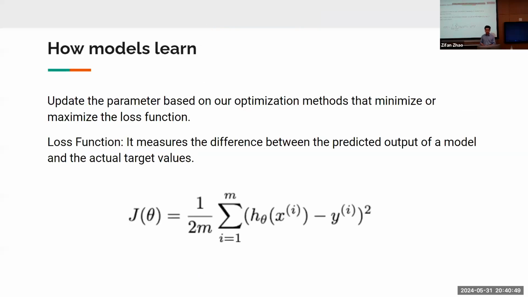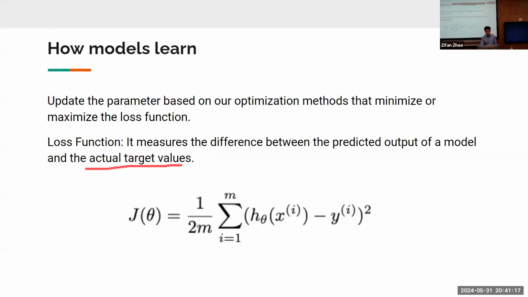So then we know that the models are powerful, and how those models learn. If you still remember the beginning of this talk, I said that the models learn by updating their parameters, but exactly how? We define a loss function that measures the difference between the predicted output and the actual target values. Please note that the actual target values are given by the dataset.